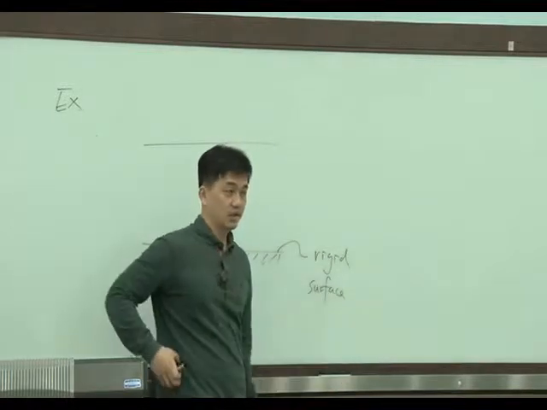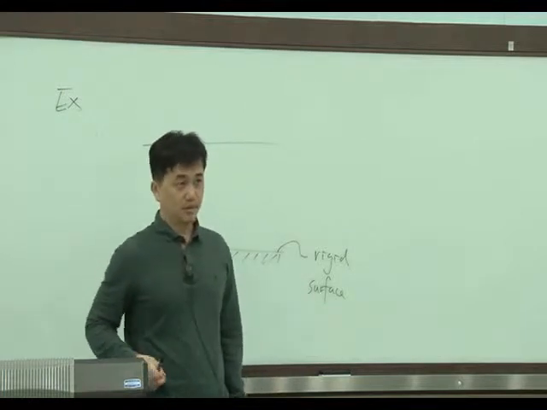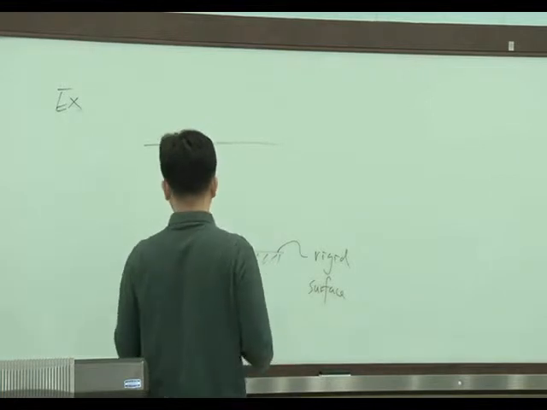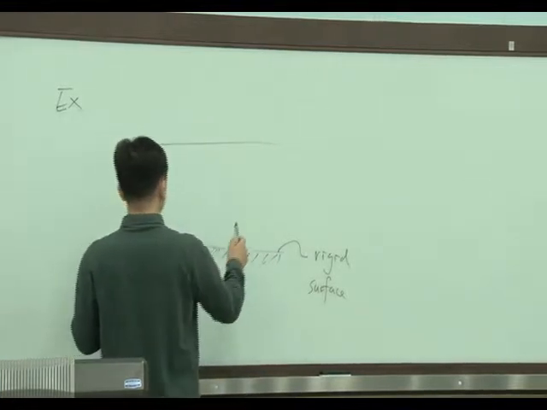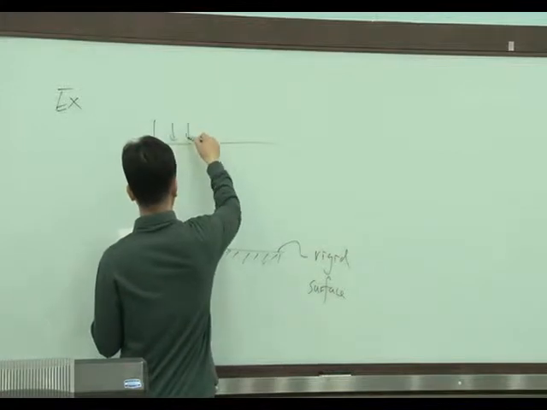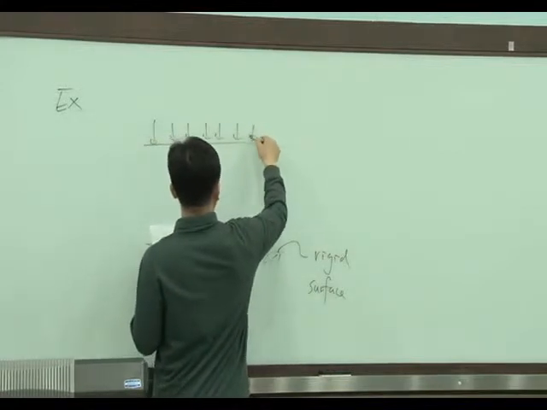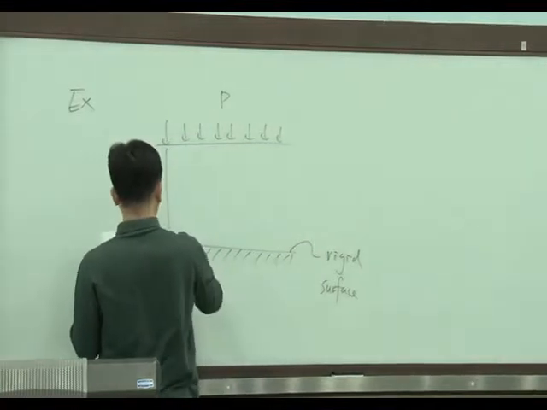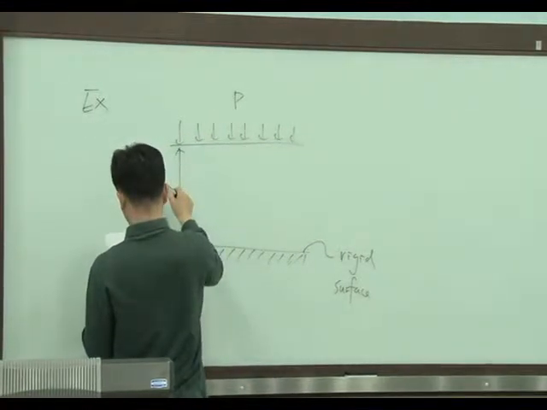Rigid means undeformable. Deformation is not allowed. And here we have a solid medium. And at the top, we have a pressure P. Pressure P, top pressure. And the depth of the medium is H.